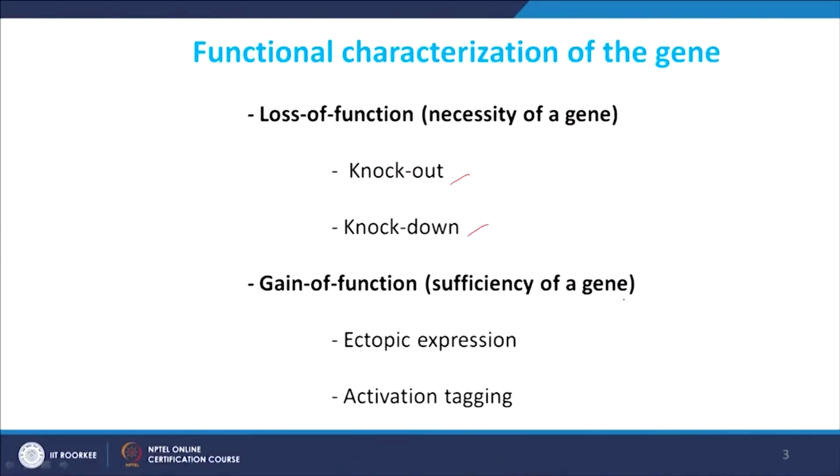And in gain of function, there are two ways. One, which I mentioned, is ectopic overexpression: you change the promoter, using some broader promoter to express this gene in a tissue where normally it is not expressed. The second method is activation tagging, which we will see later on.